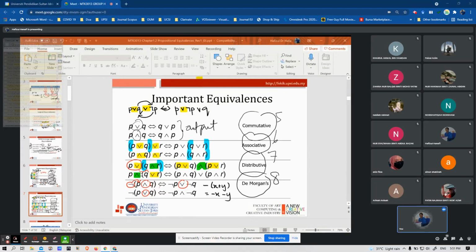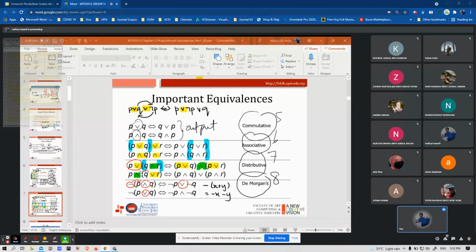P is the outer, and then we go by the inner operation Q and R. For P and Q or R, this one is outer. We do the inner first, then the outer. This one is for the distributive.